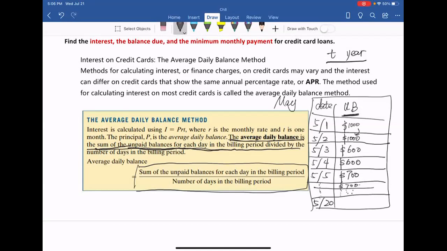On May 20th, you go to a store and spend $200, so the unpaid balance increases by 200. That's 900.